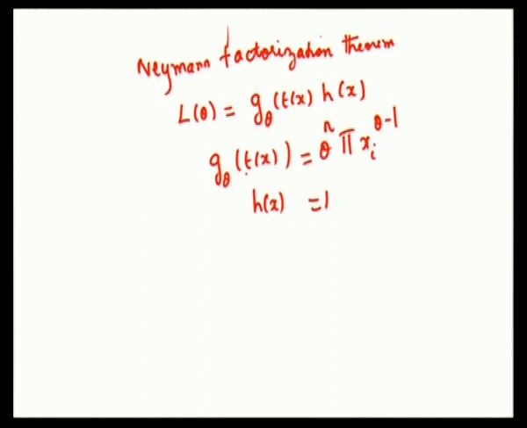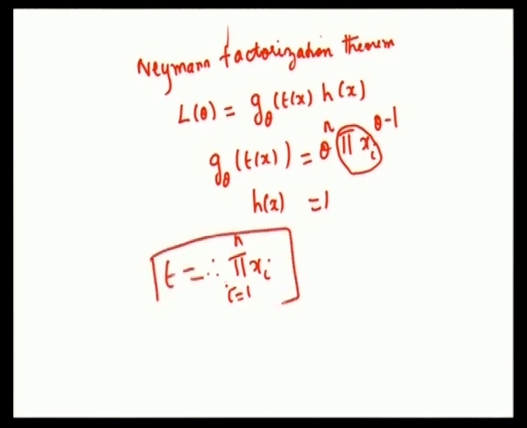That is, in general, t of x will have dependency on theta and x. Therefore, you find product of xi, okay, xi depends upon theta. Therefore, product of xi, i equal to 1 to n, is a sufficient estimator. Hence, t is equal to product of xi is a sufficient statistic in the case of this particular problem.